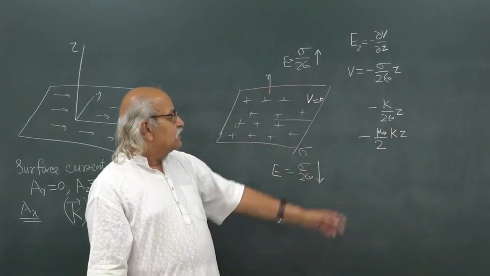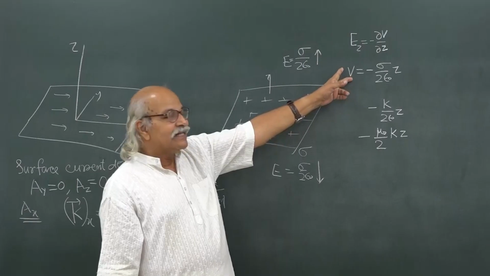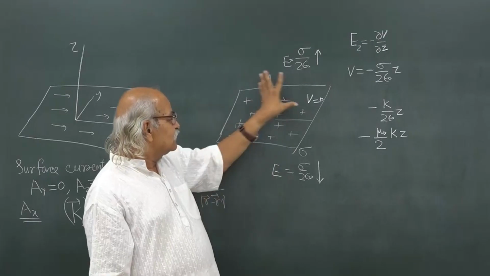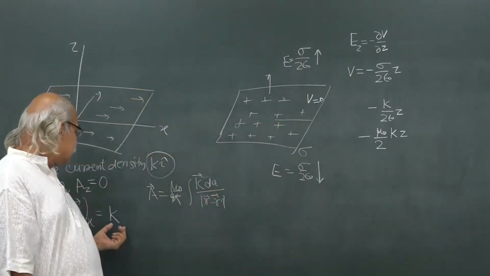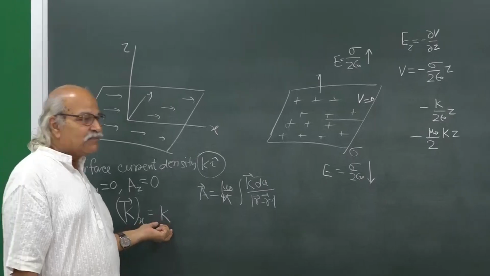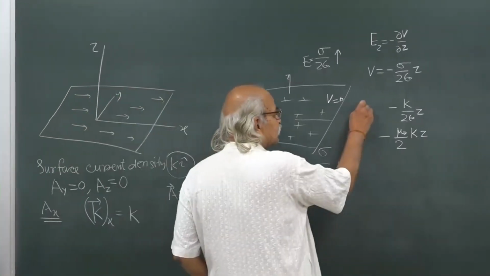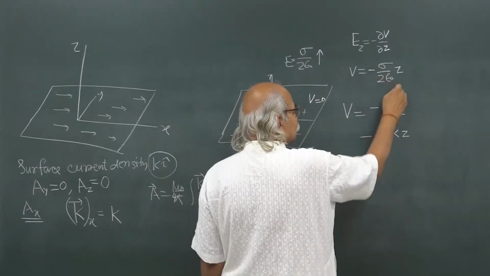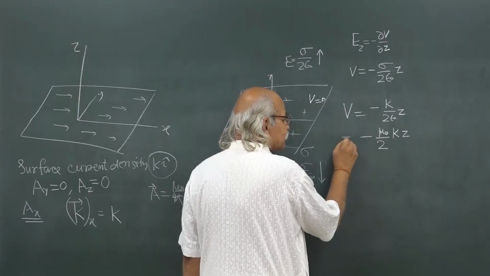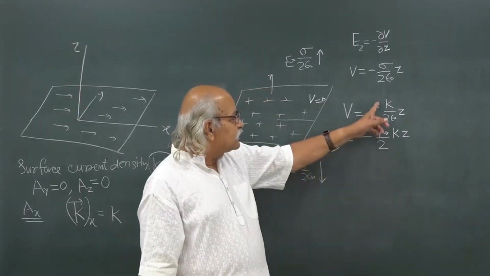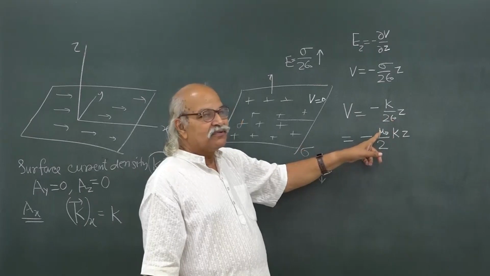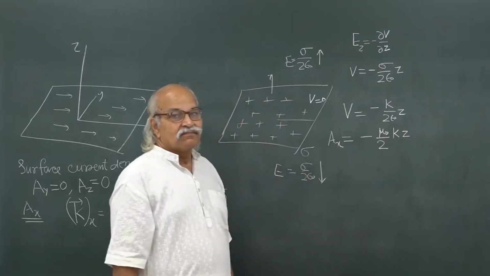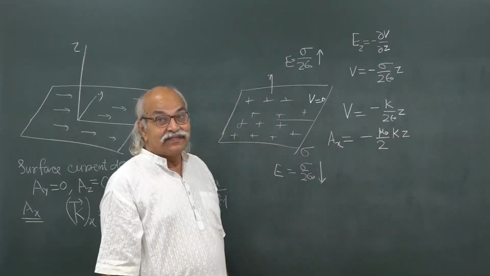What have I done? First I calculated the electric potential, assuming you have a surface charge density on this plane, and that surface charge density is k. From there we wrote the potential, with surface charge density sigma equal to k, as minus k by 2 epsilon naught times z, and then we replaced 1 by epsilon naught by mu naught, and I have gotten our Ax, and Ay and Az are anyway 0.